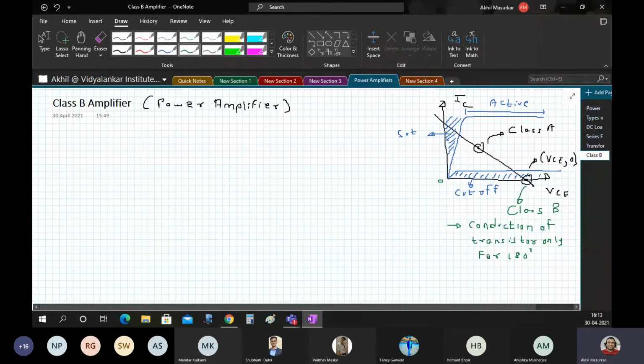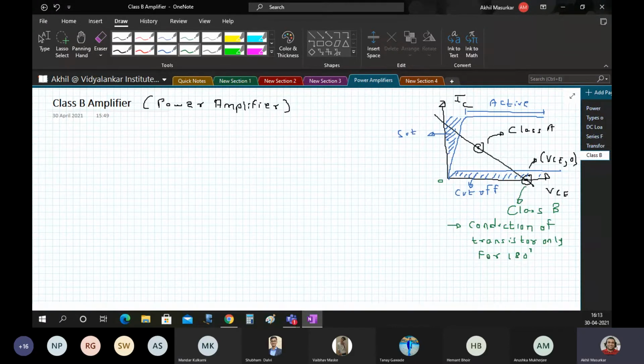If it conducts only for 180 degrees, that means half of the signal is getting clipped. We would not like to have any clipping during the amplification. We want to amplify the entire signal, whatever it is.